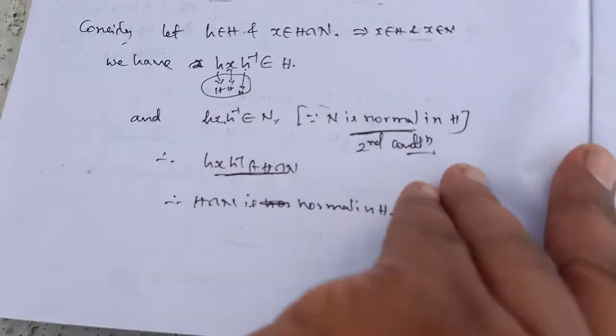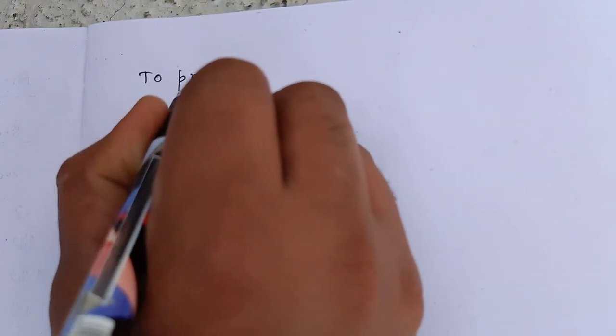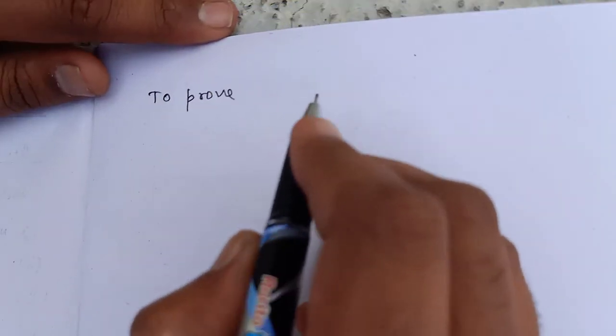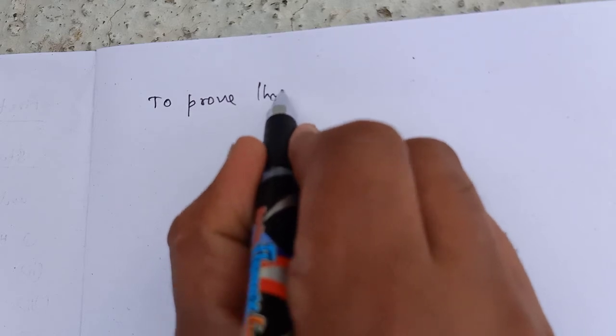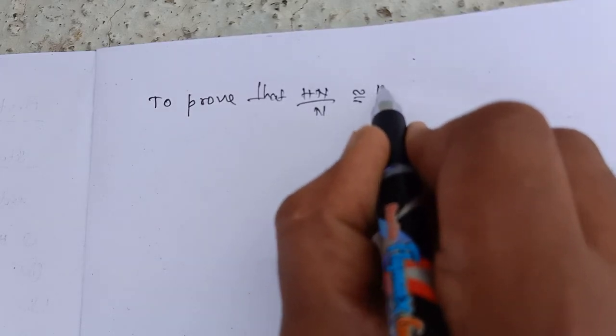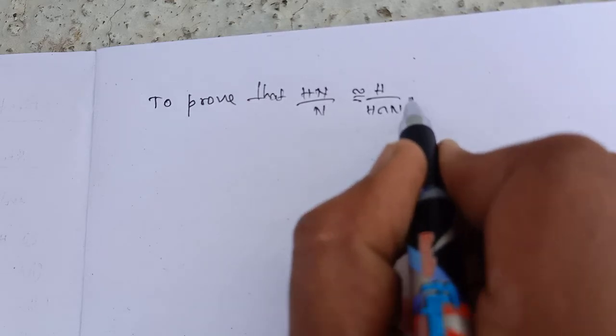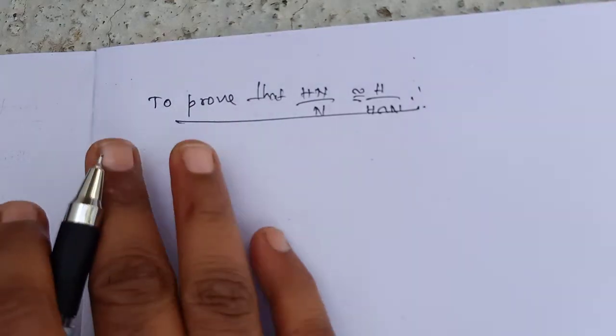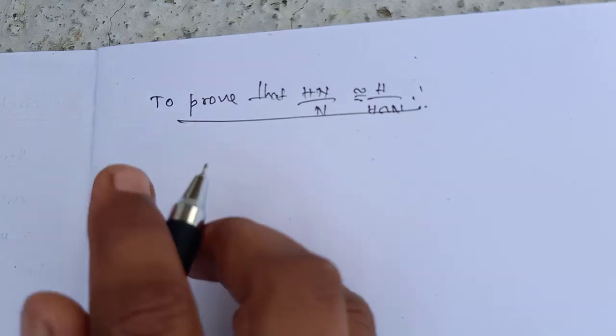So we need to prove the last condition, that is a very important one. To prove that HN divided by N is isomorphic to H divided by H intersection N, I am using the fundamental theorem of homomorphism.